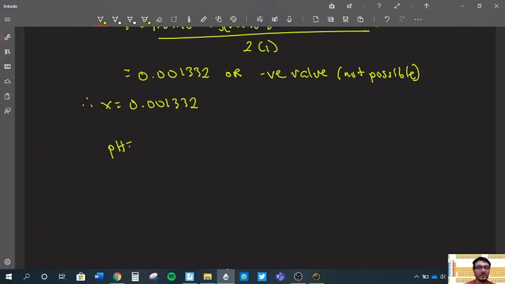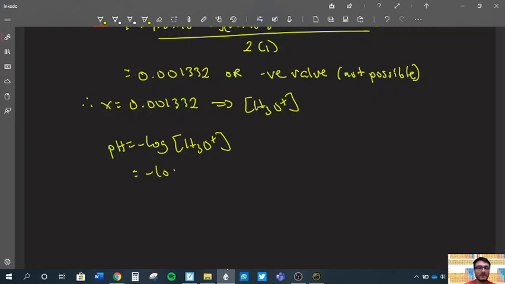So pH is equal to the negative log of the concentration of hydronium ions. We now know the value of this, the concentration of our hydronium ion. Okay, so negative log, and we have this pre-calculated: 2.87 as our pH.